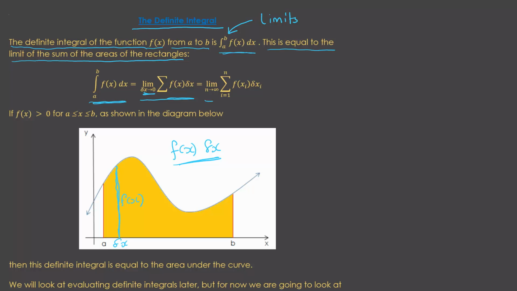That's also the limit as n tends to infinity of the sum of f of xi delta xi. The n tends to infinity here is referring to the same situation as this. If the rectangles become infinitely thin, there'll be infinitely many of them. So n tends to infinity is the number of rectangles.